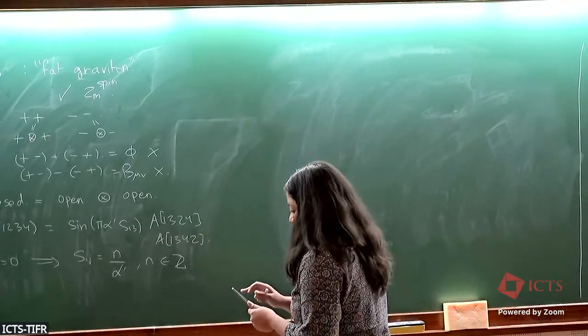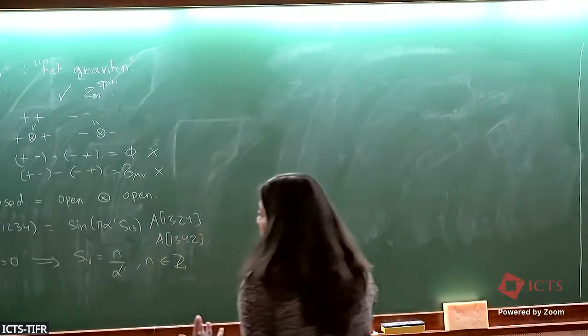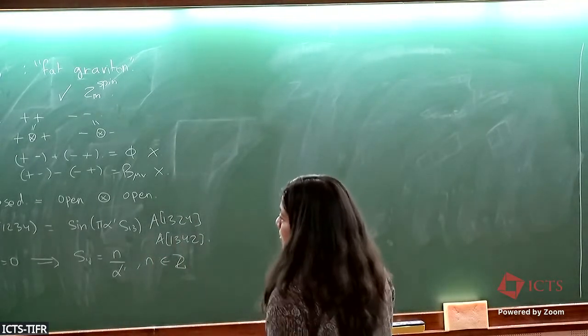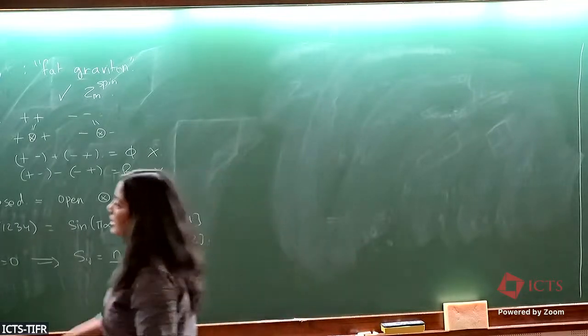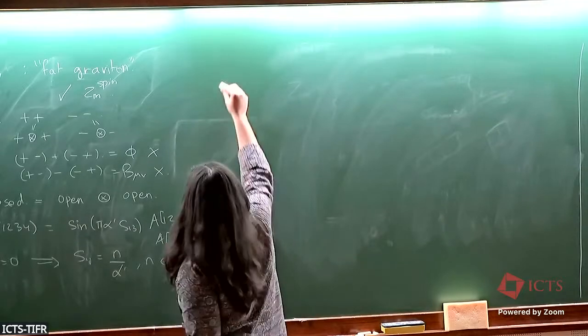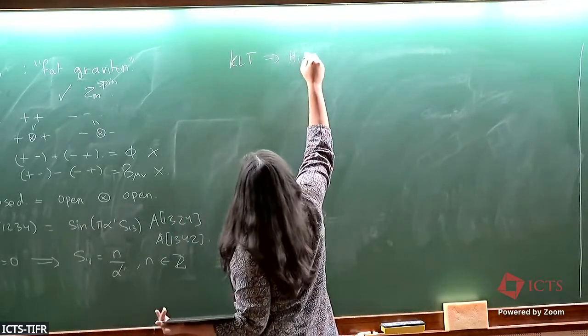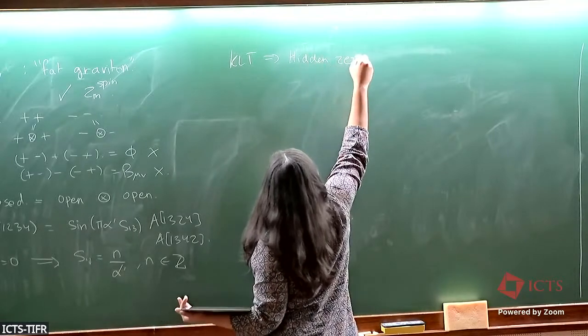Okay. So I'll just end this double copy part by saying that just like in the same paper we showed CK duality implies hidden zeros, you can also show that KLT implies hidden zeros.